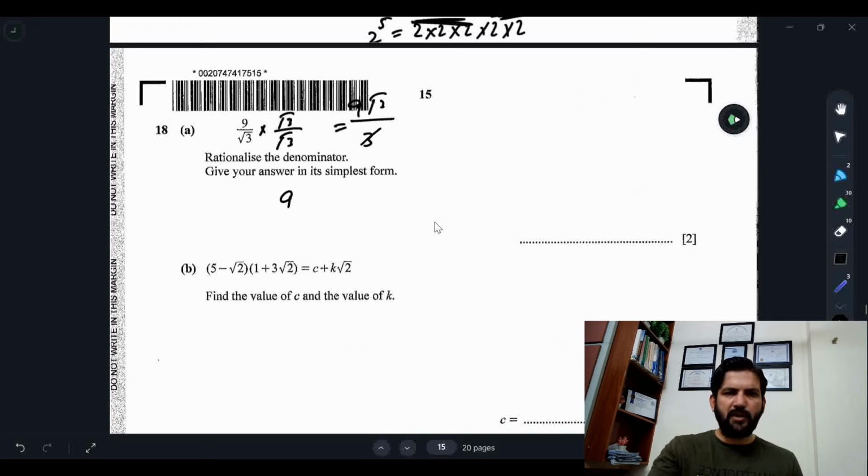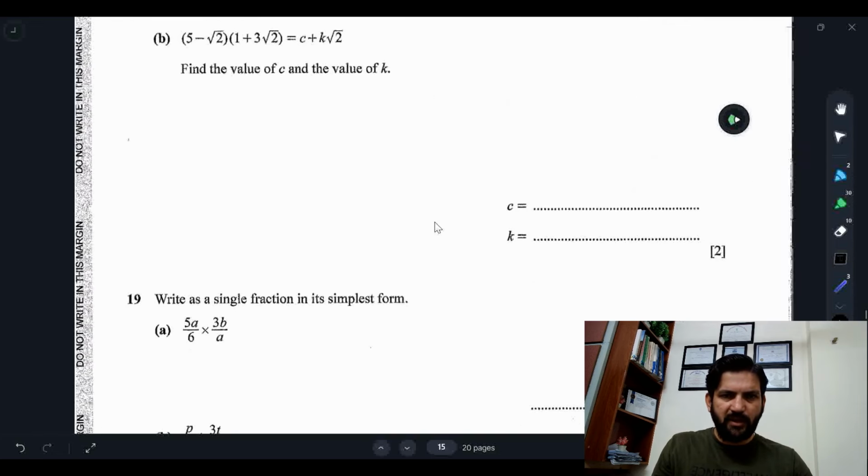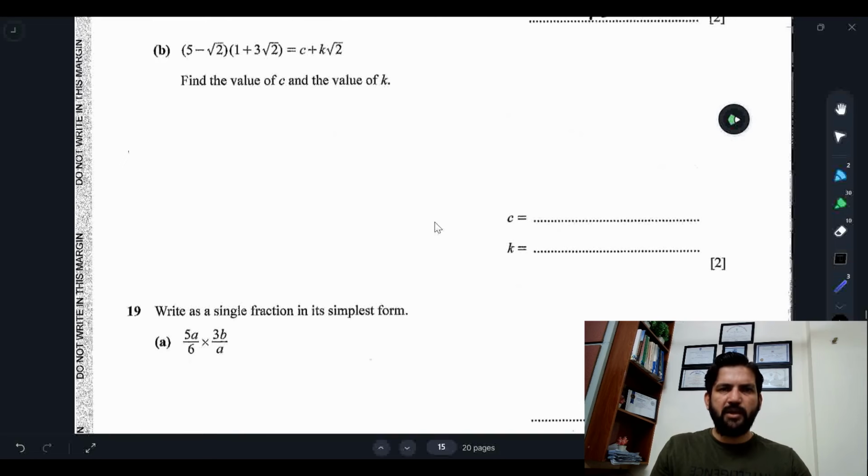Now in part B, we have to simply multiply it. If you multiply 5 with 1, the answer will be 5. If you multiply 5 with 3 square root of 2, this will be 15 square root of 2. Then minus square root of 2. Then minus 3 square root of 2 multiplied by square root of 2.